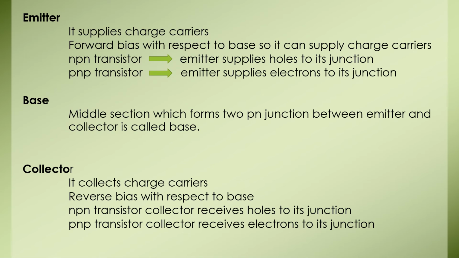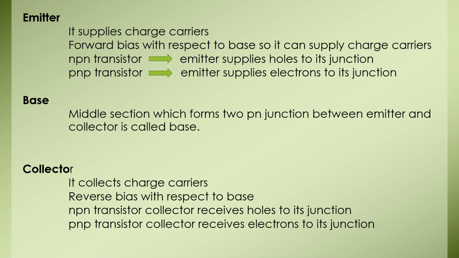Now what is the function of the base terminal? The base terminal is always a middle section which forms two PN junctions between the emitter and collector. Now the collector collects charge carriers, and is reverse biased with respect to the base. In case of an NPN transistor, the collector receives what the emitter supplies.